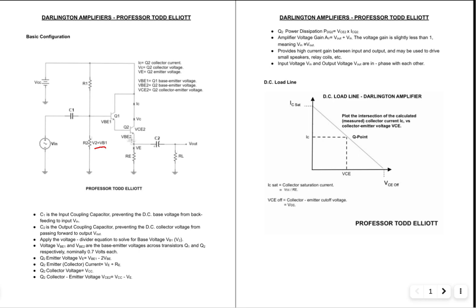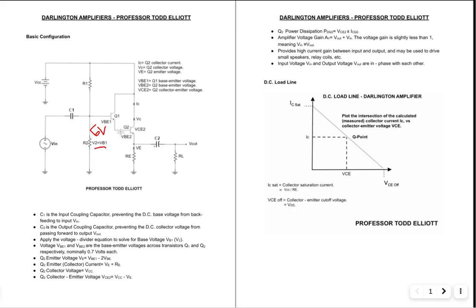I don't have any values here, and that was intentional, so look at my other videos if you want that. If this voltage here was 6 volts, then what would be the voltage at the emitter down here?